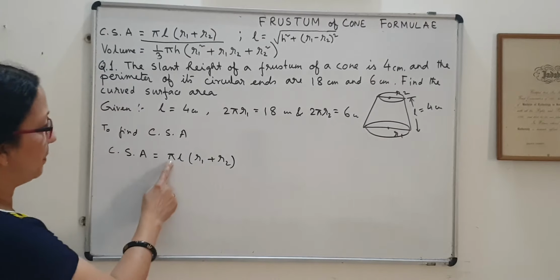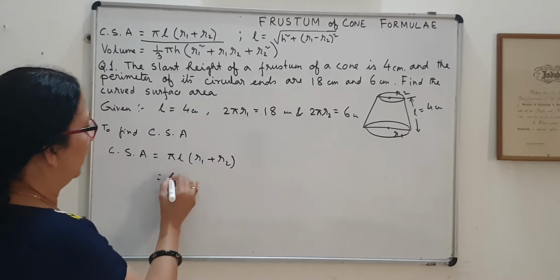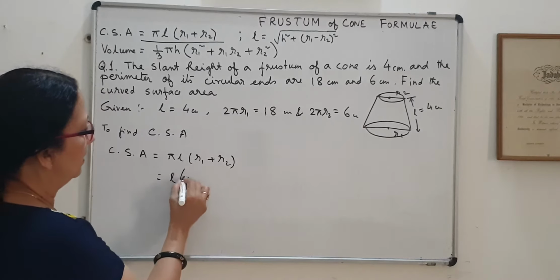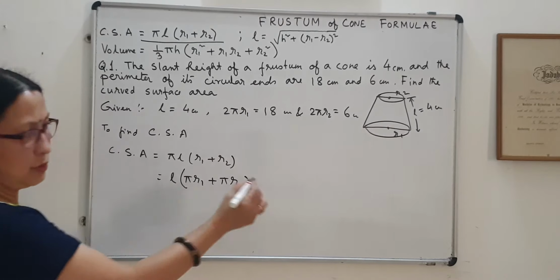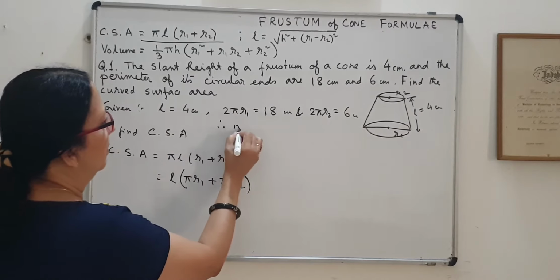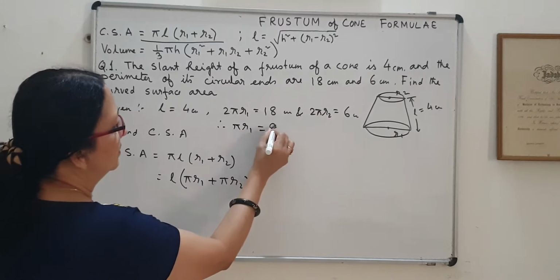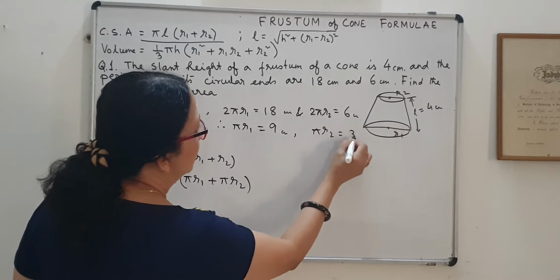If you observe, there is pi into R1, that means this can be written in this way. If I take L and take pi inside, it will be pi R1 plus pi R2. So you need to observe this. From this I can get pi R1 will be 9 centimeter and pi R2 will be 3 centimeter.